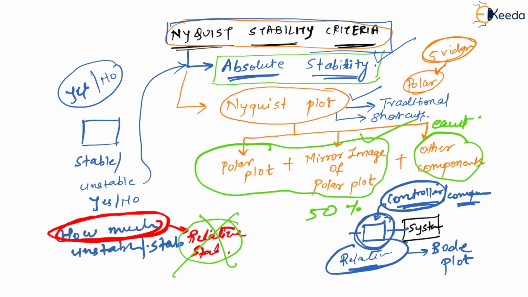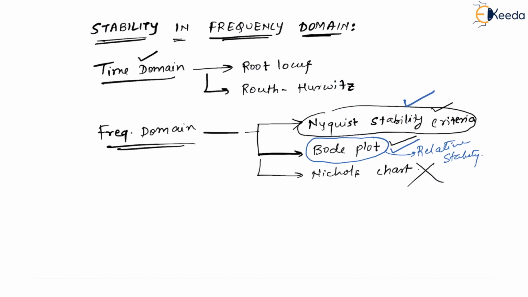So let's hope that you will understand the traditional way as well as the shortcuts. See, shortcuts are very easy, and the traditional way will be important for you in terms of ESE, the Engineering Services Exam, so it is going to be very important. So yes, now stability in frequency domain is discussed. Thank you.